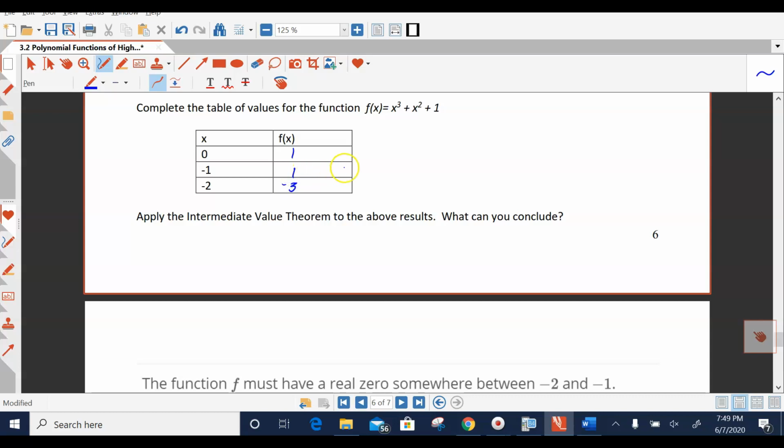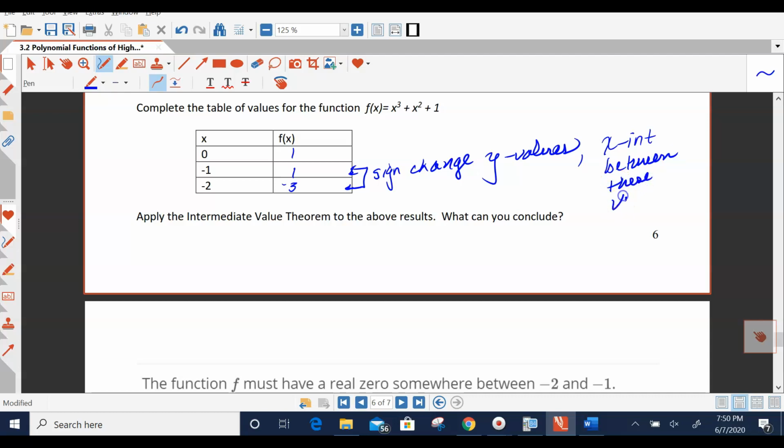Since I see that between these two, I have a sign change in the y value. When you see a sign change in the y values, that means there is an x-intercept that occurs between those numbers. Because the y value has gone from positive to negative, that means it crossed over the x-axis.